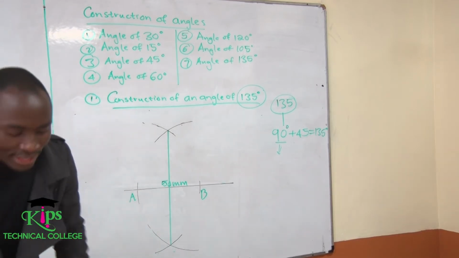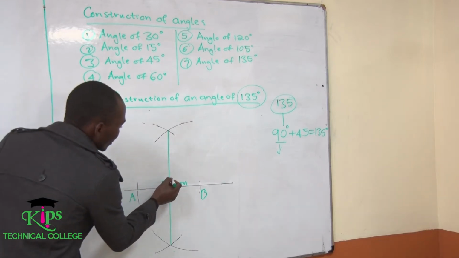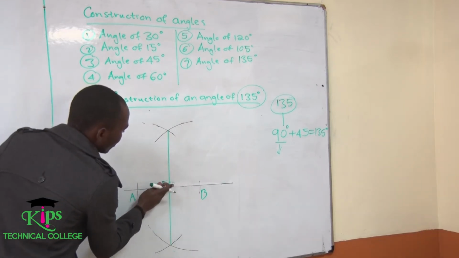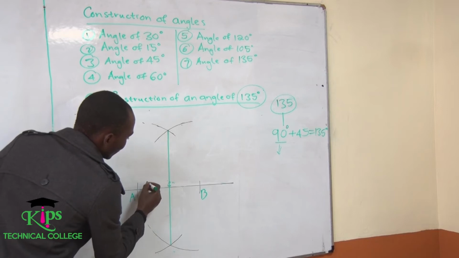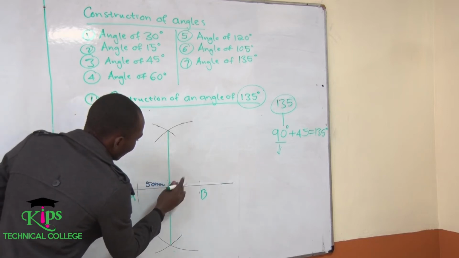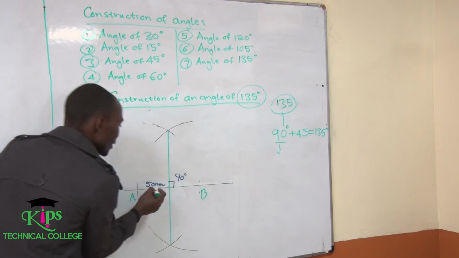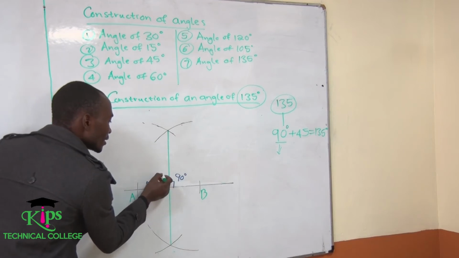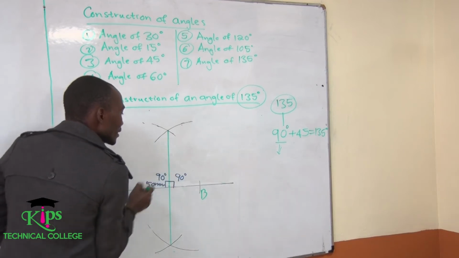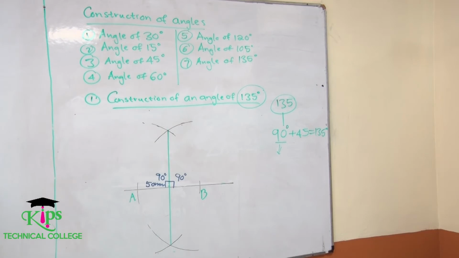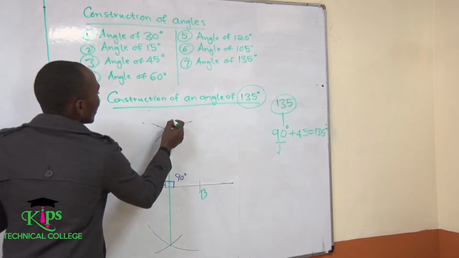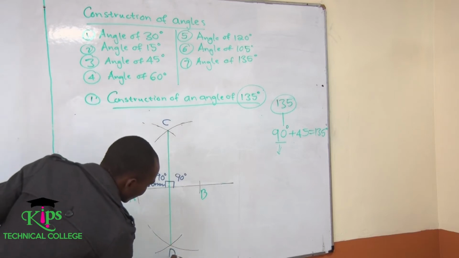For instance, my line is 50 millimeters. So this angle is 90 degrees. This other angle is also 90 degrees. Let me label this one as C, this one as D.